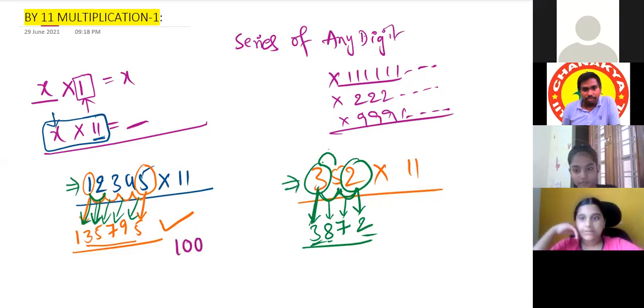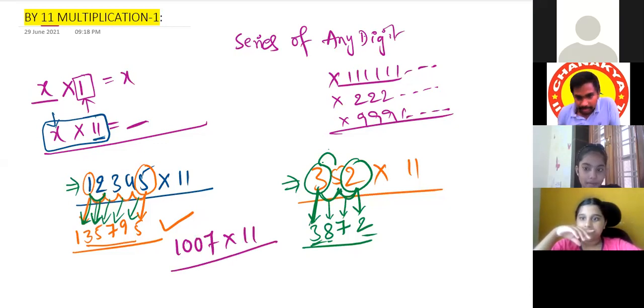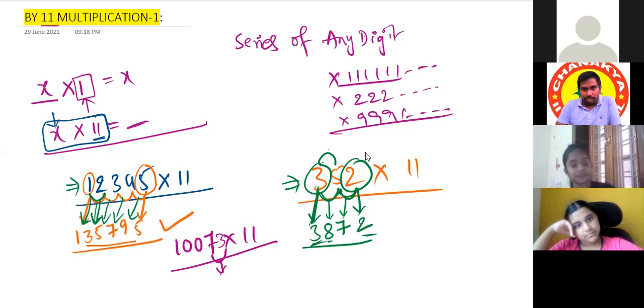Okay, if it is 3, after adding 7 and 3 we got a double digit number. What to do with the double digit number? I'll tell after this exercise. Okay, sir.